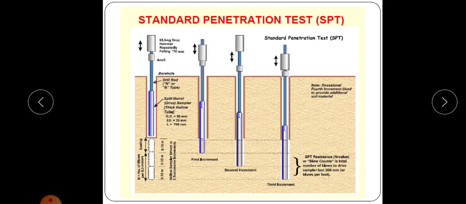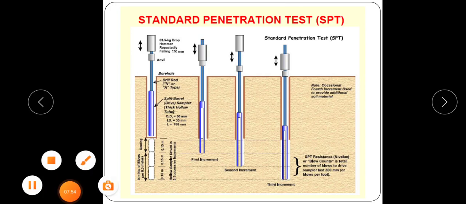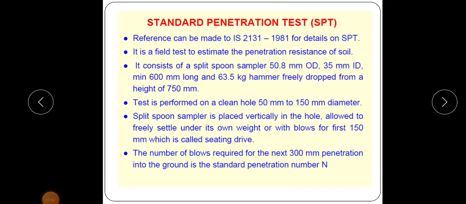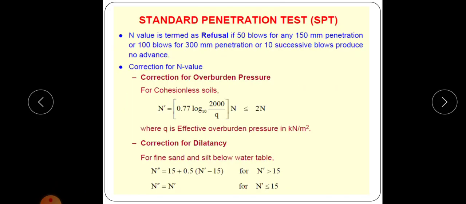So altogether there is a penetration for a depth of 450 mm, and the initial 150 mm penetration is neglected, that is, it is taken as seating drive, and the next penetration for 300 mm depth, that is 2 times 150 mm, after the seating is taken, and the number of blows for that 300 mm penetration is taken as the standard penetration number. Okay, so this is about the standard penetration test, and we can do 2 problems based on the corrections.